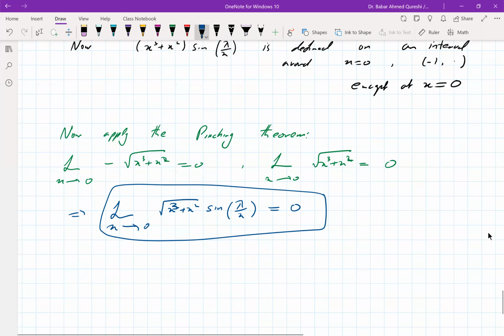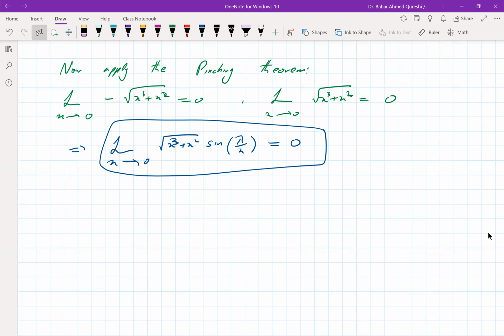With practice, you don't have to do all of this. You can just argue like this. This sine is remaining between -1 and +1.